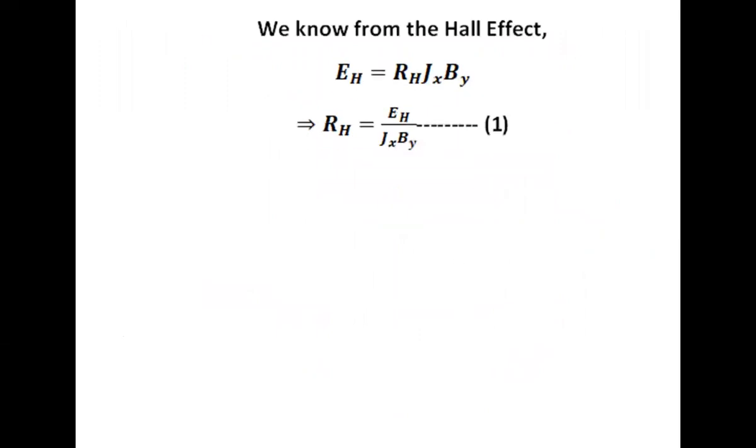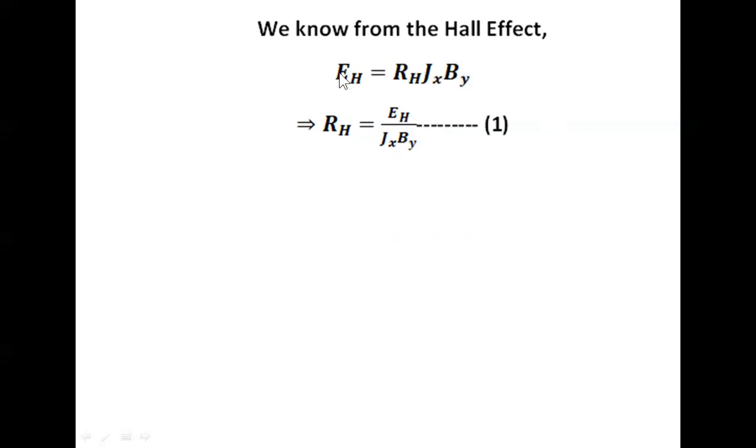That is, we have proved the Hall field as EH is equal to RH into Jx into By, where EH represents the Hall electric field, RH represents the Hall coefficient, Jx represents the current density, whereas By represents the magnetic field applied.